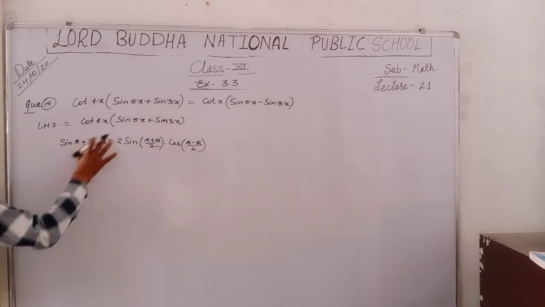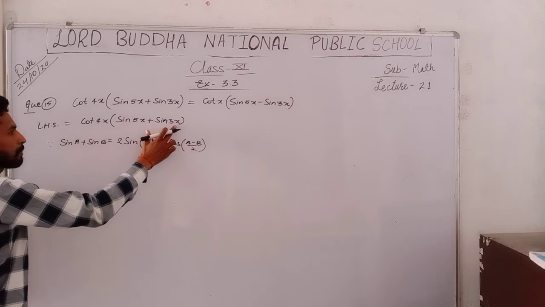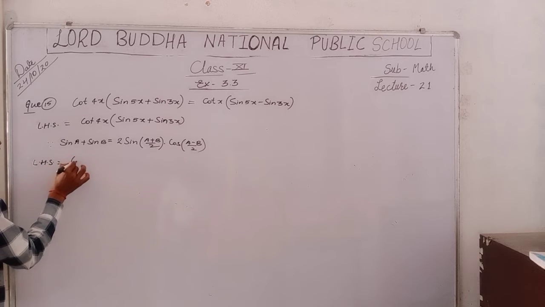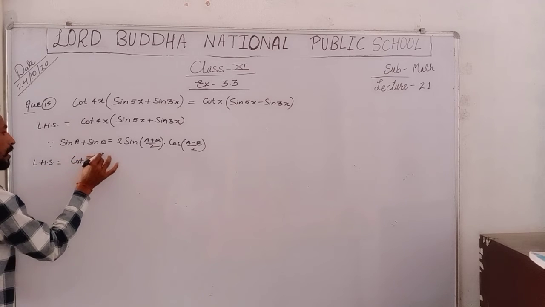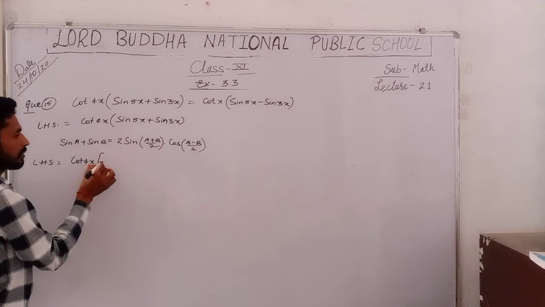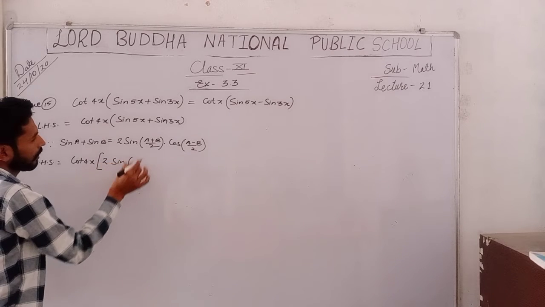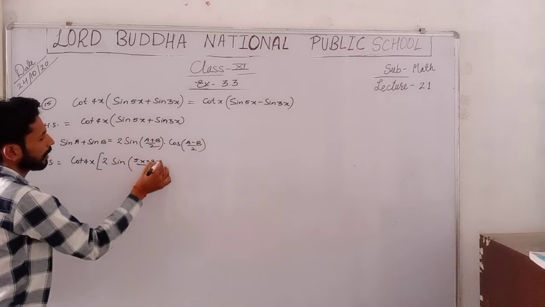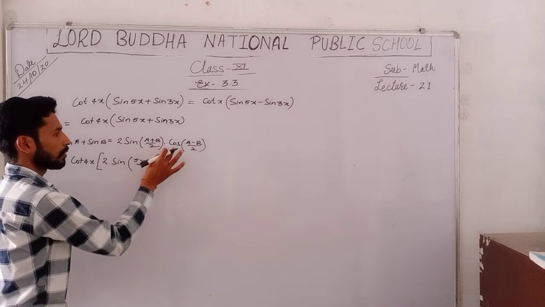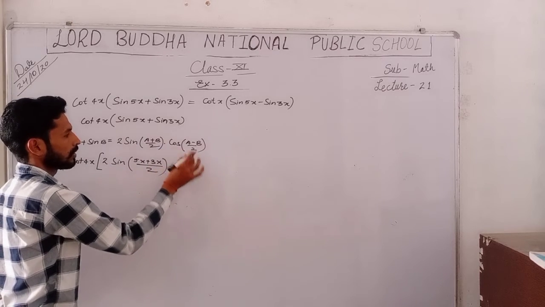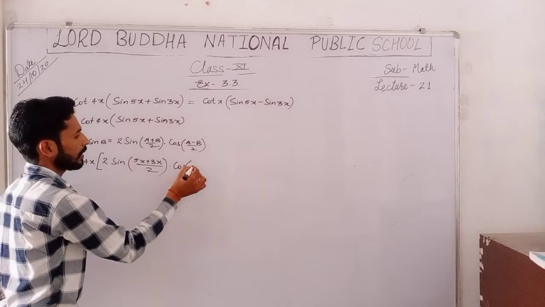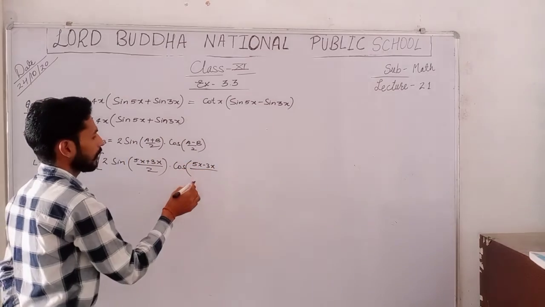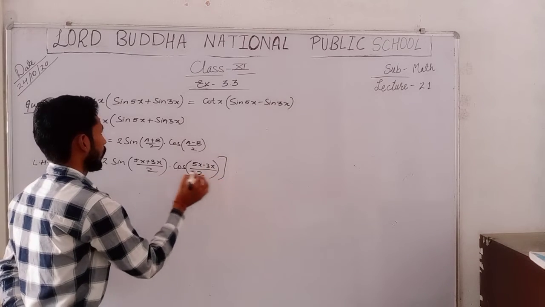We can use this formula in place of sin 5x plus sin 3x. So left hand side equals cot 4x into 2 sin of (5x plus 3x) divided by 2 into cos of (5x minus 3x) divided by 2.